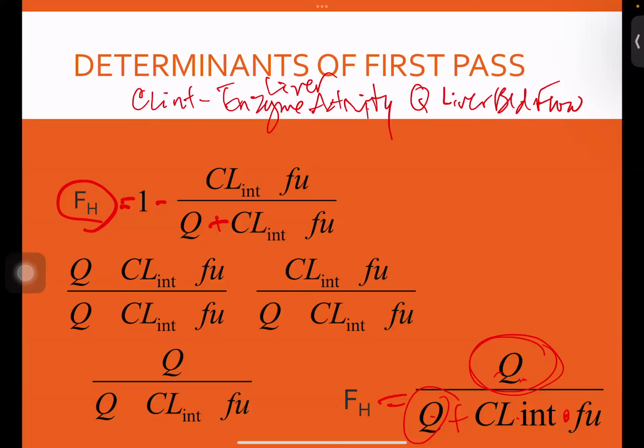And fraction unbound is just what you might expect: fraction unbound, not bound to plasma proteins. We get to say FU a lot in this class, but we don't mean that. We mean fraction unbound. So what determines if a drug is going to be eliminated? Enzyme activity, liver blood flow, and your fraction unbound.